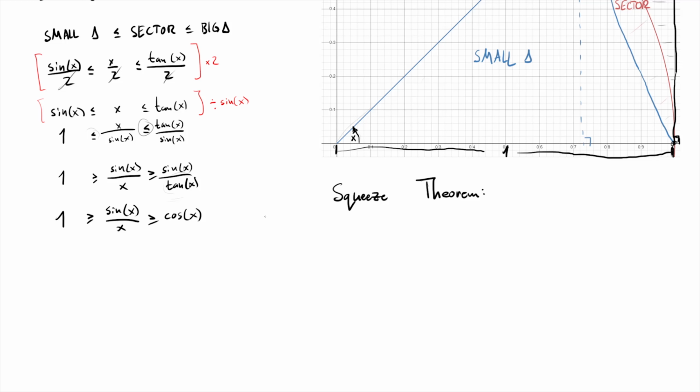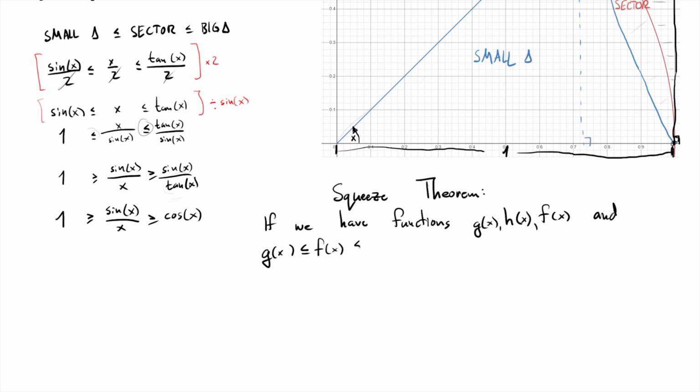Well, let's say we have some functions, g of x, h of x, and f of x, so we have 3 functions, and g of x is less than or equal to f of x, which is less than or equal to h of x, within a certain range, let's say.